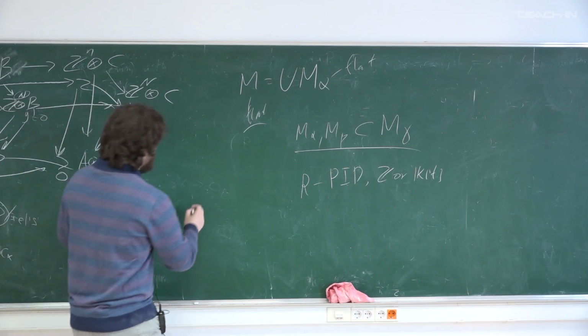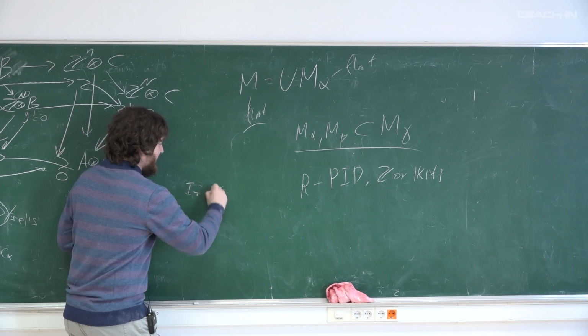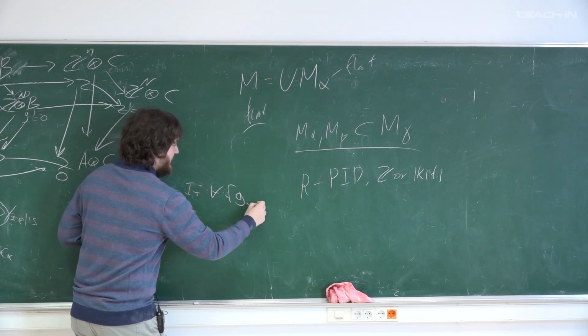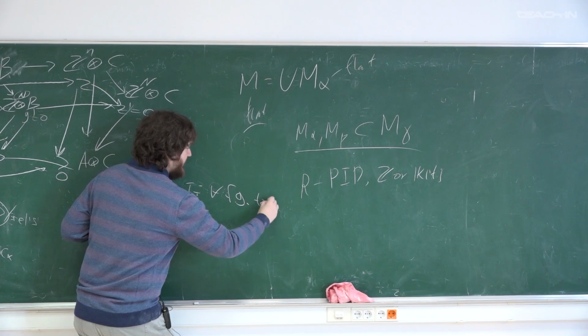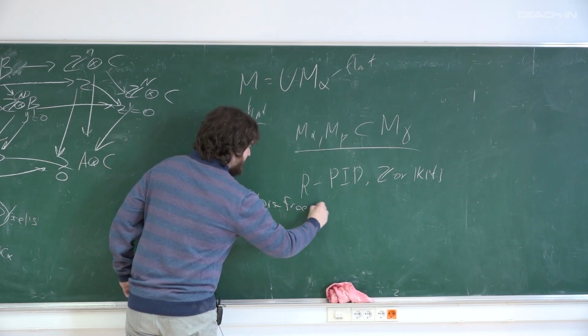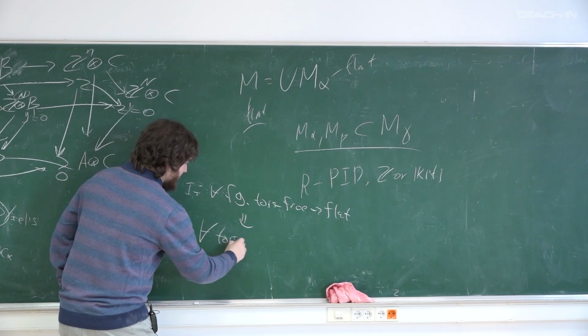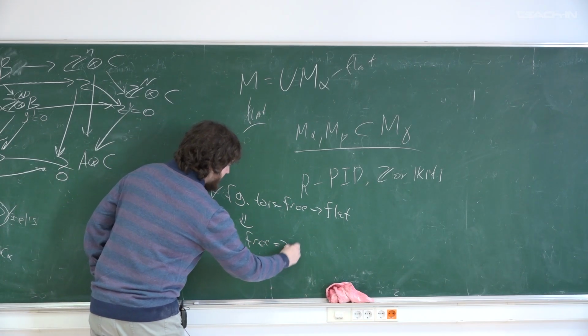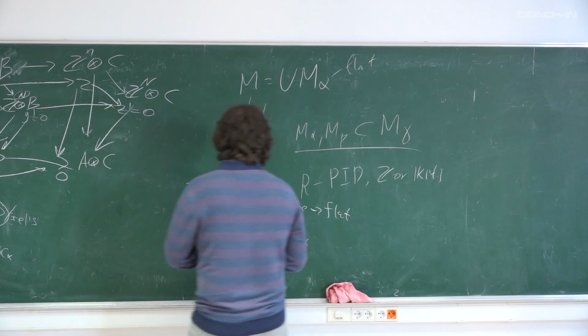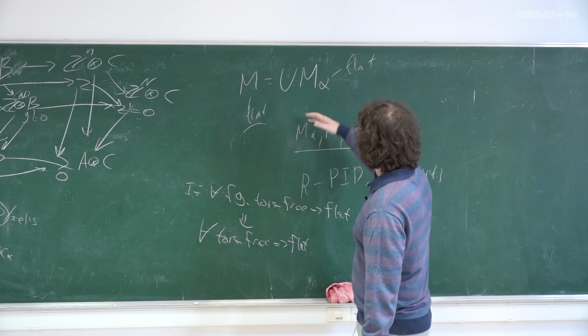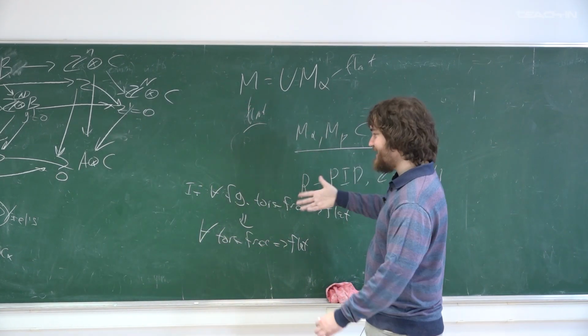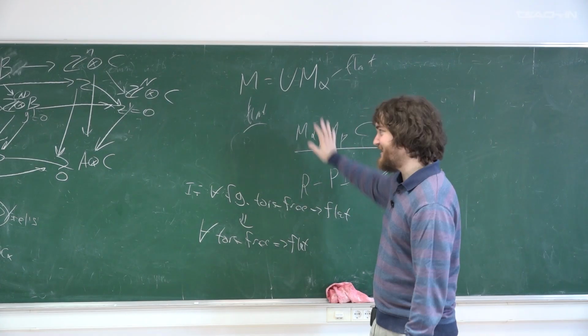So this argument works: if any finitely generated torsion-free module is flat, then any torsion-free module is flat. Because any torsion-free module is a union of finitely generated submodules, and any submodule of a torsion-free module is torsion-free, and then flat, and then it works.